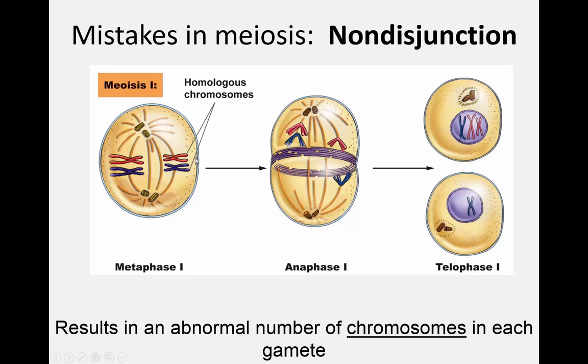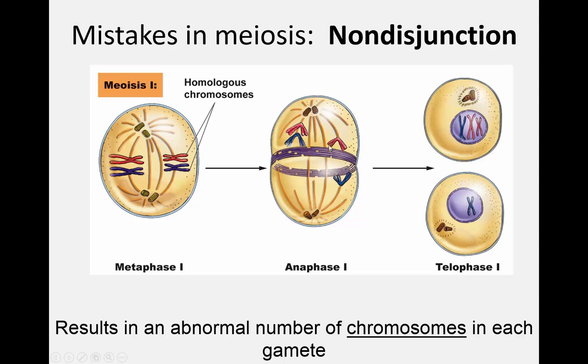So there could be a problem that happens in meiosis, and it's called non-disjunction. Non-disjunction is basically a process that leads to cells having abnormal chromosome numbers. And you can see it happening here in meiosis 1 in this figure. So here's a cell, and we're supposed to separate the red from the blue, right? The homologous pairs during meiosis 1.